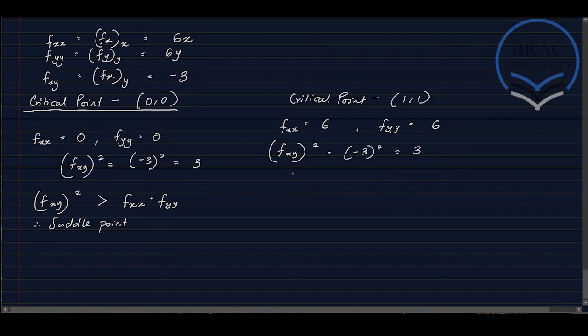So from here you see that fxy whole squared is in fact less than the multiplication of fxx with fyy, which will give us 6 times 6, which is 36. So this is less than, and this is one of the conditions. We also have to see that fxx and fyy are both positive. So in that case, according to the conditions that I've written down earlier, this will be a relative minimum.